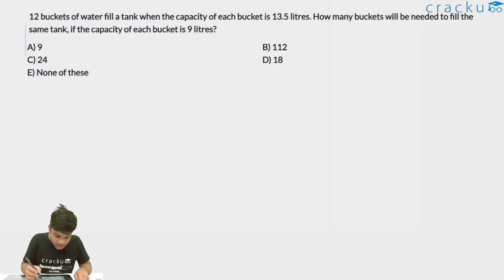In this question, 12 buckets of water fill a tank, where the capacity of each bucket is 13.5 liters.